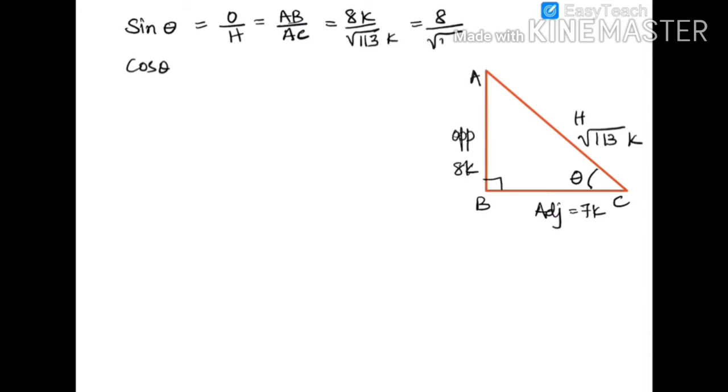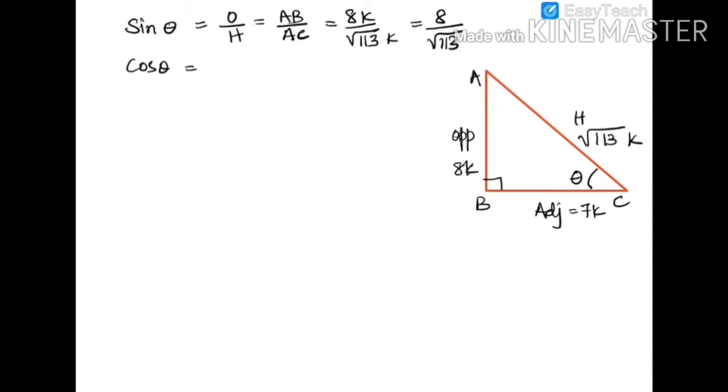Now in order to find the expressions given in the question, we first need to find out these ratios, sin theta and cos theta. Sin theta is opposite upon hypotenuse. From the figure, it is AB upon AC. So that is equal to 8k upon root 113k, that is 8 upon root 113.